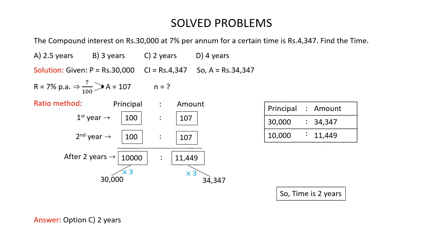This means we have to find principal is to amount for 2 years. Now since the rate of interest is the same for all the years, if principal is to amount for the first year is 100 is to 107, then principal is to amount for the second year is also 100 is to 107.